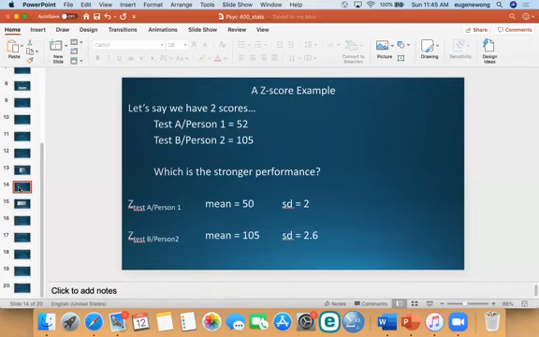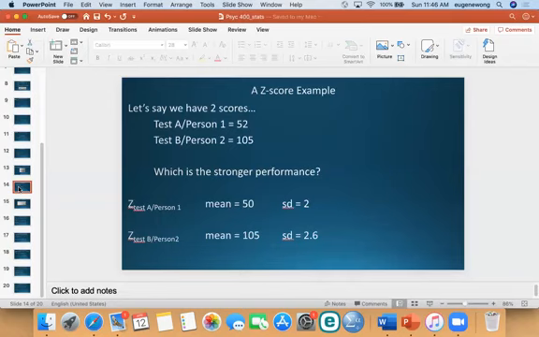If I were to ask you, which has the stronger performance? It would be hard to know because there's no context for the 52. And there's no context for the 105.